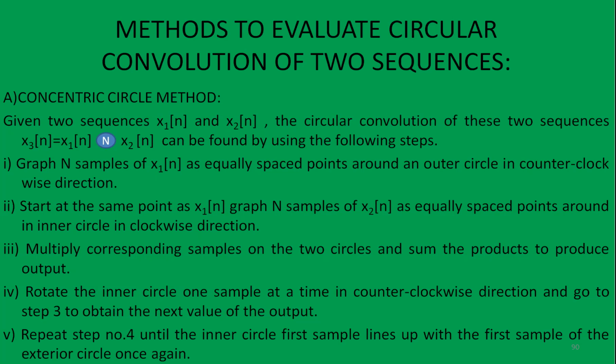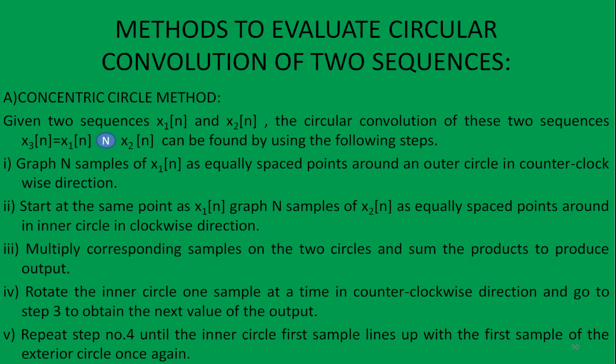After finishing the outer circle, coming to the second step, consider x2 of n and take another circle inside the x1 of n circle, which is said to be the inner circle.